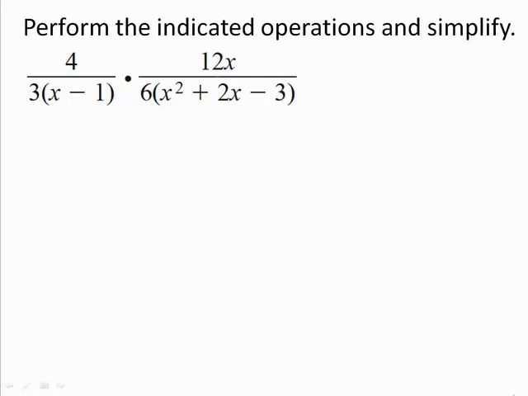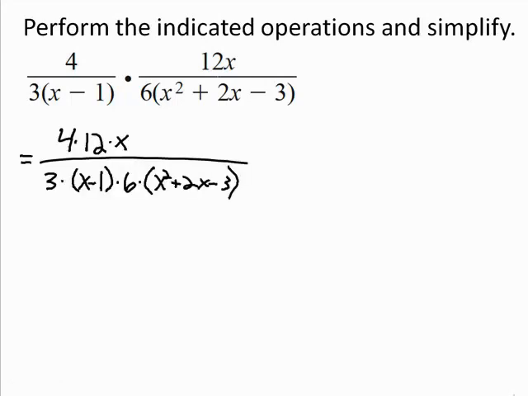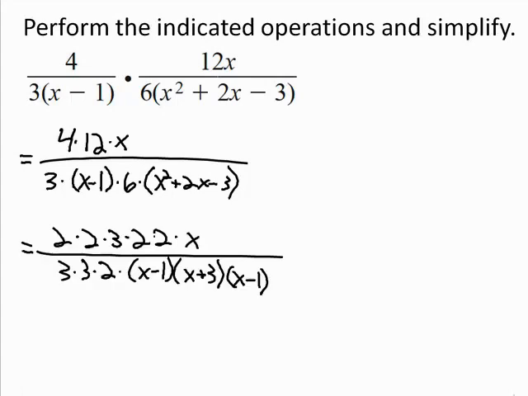Perform the indicated operations and simplify. 4 divided by 3 times the quantity x minus 1, times 12x divided by 6 times the quantity x squared plus 2x minus 3. Multiply the numerators and denominators. Write each factor as the product of its prime factors, and factor x squared plus 2x minus 3 into x minus 1 and x plus 3.